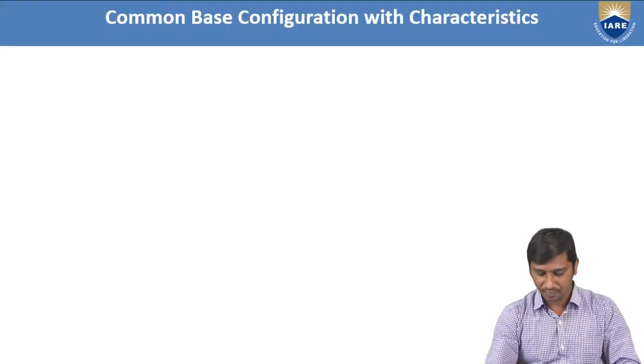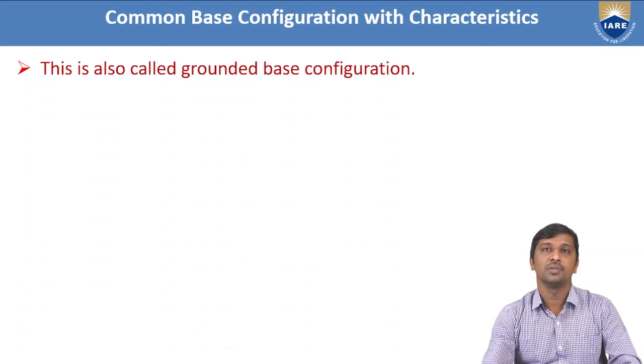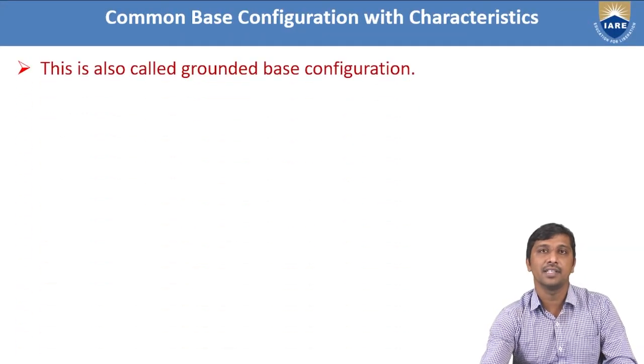Along with it, we need to identify the characteristics of the transistor under this common base configuration. The common base configuration is also called the ground base configuration. In this representation, the base terminal acts as a common for the input side as well as the output side.